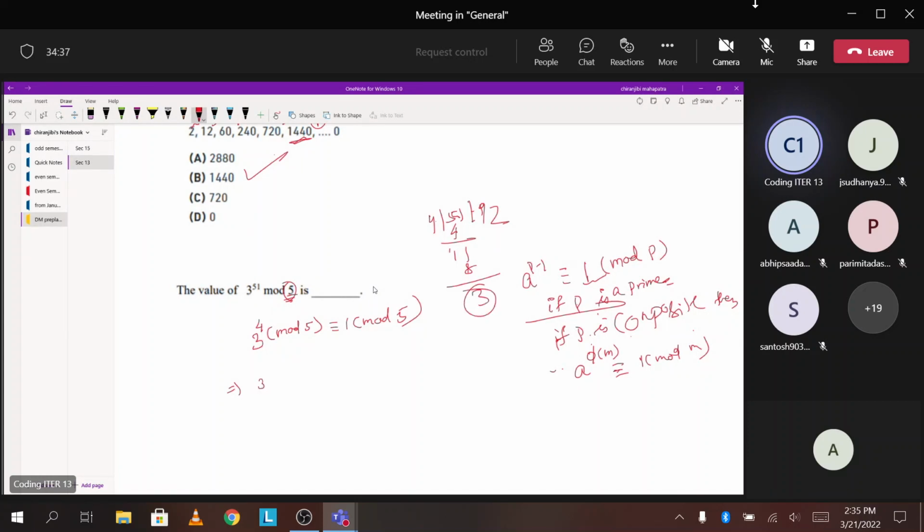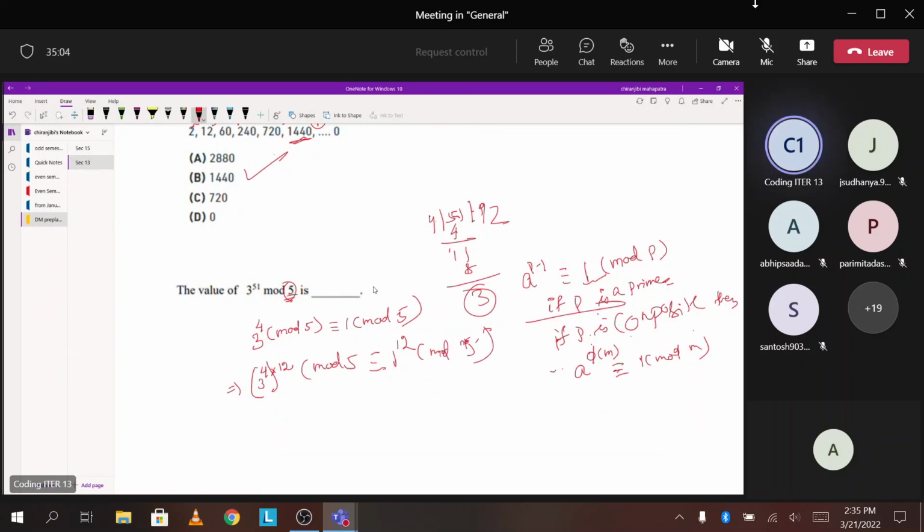So right now what I'll do, 3 to the power 4 into 12, so 3 to the power 48 mod 5 is congruent to 1 to the power 12 mod 5.